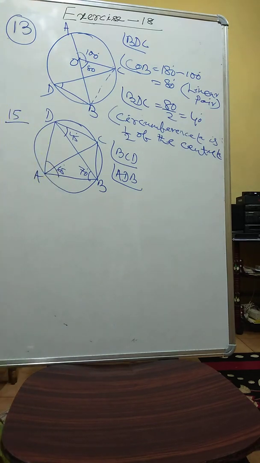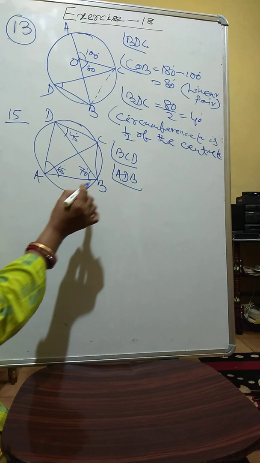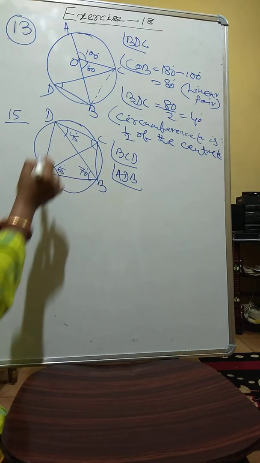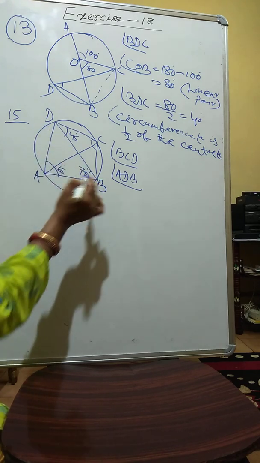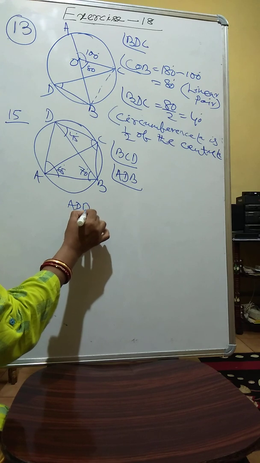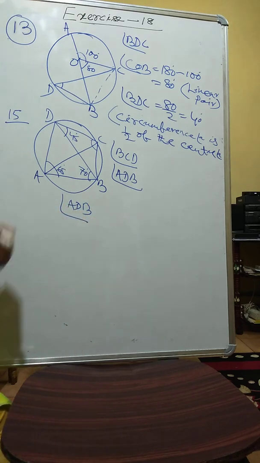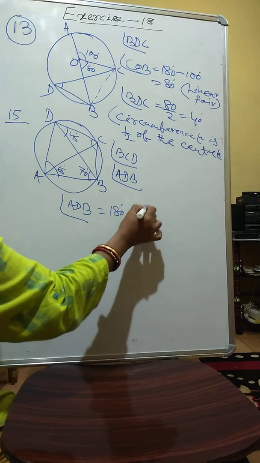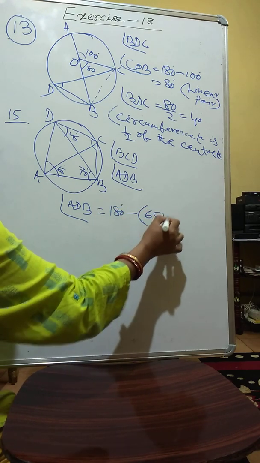See now children, BCD means this angle. Now I have to find out angle ADB. You see that this is a triangle, therefore I'll write 180 minus (65 plus 70).